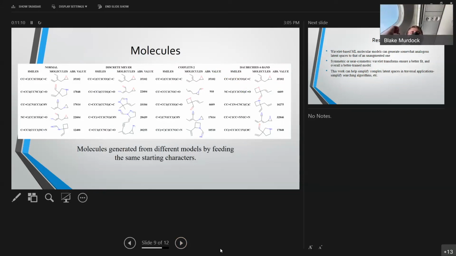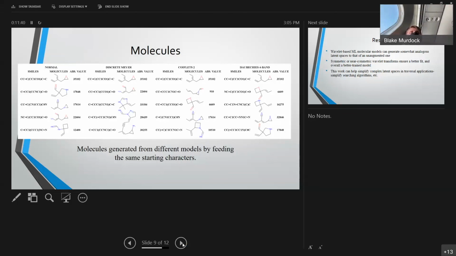However, the model is learning the connection between characters, and it's not learning the connection between structure and characters. So that could be a potential path for future research: using a nomenclature instead of SMILES that allows us to look at the structure of the molecule and learn based on that.